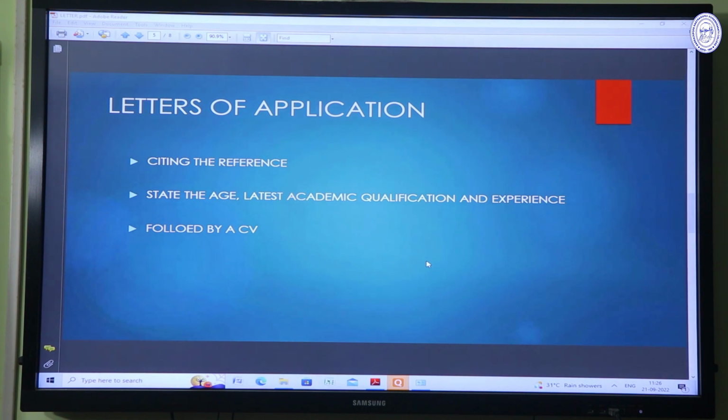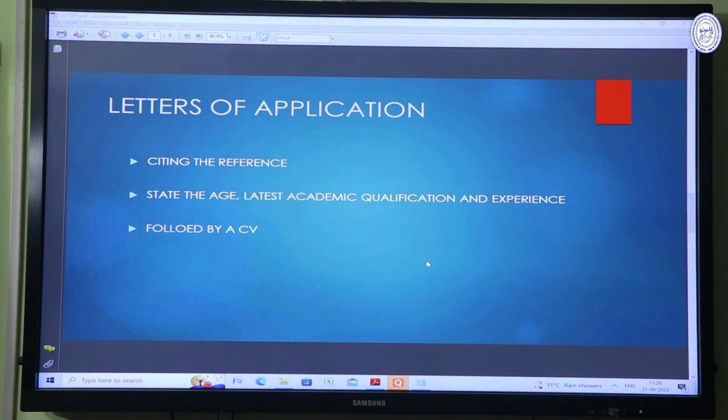Now, I think this letter of application will be most important for most of you, because within a year or so you will complete your graduation and you will be out there in the job market, and you have to write a lot of letters of application. So, I am spending a little more time on this, and I keep on repeating the same points.